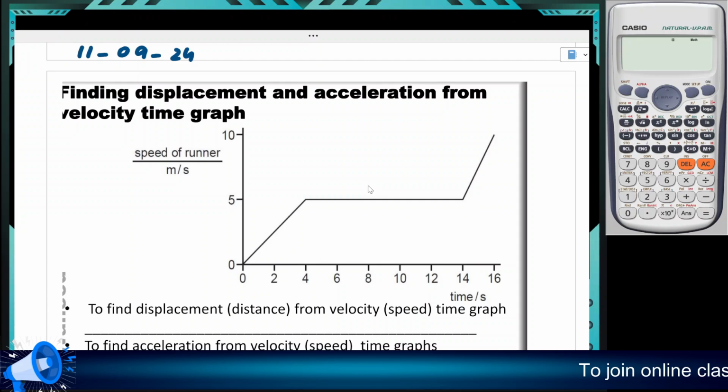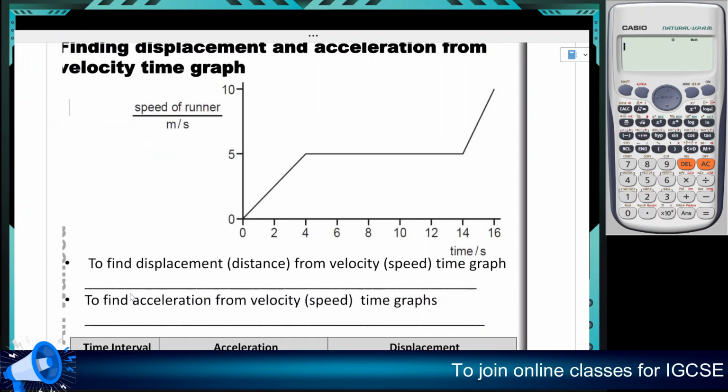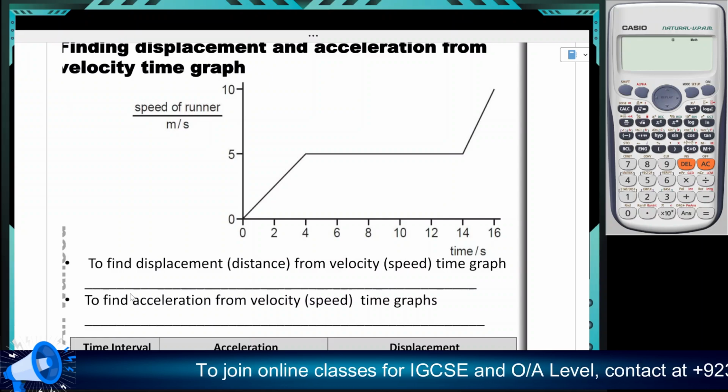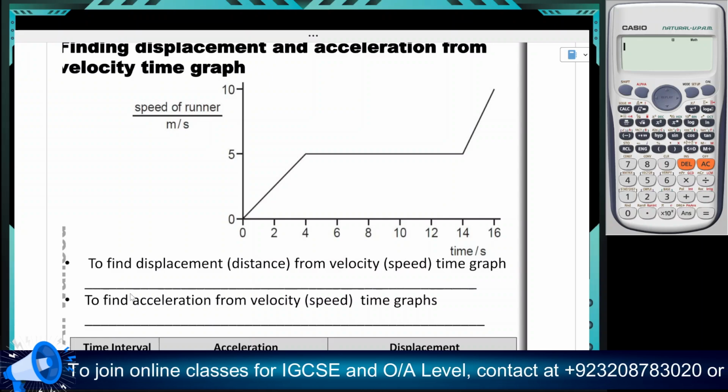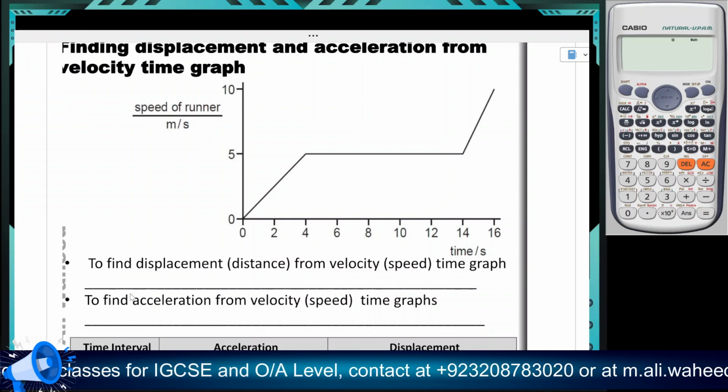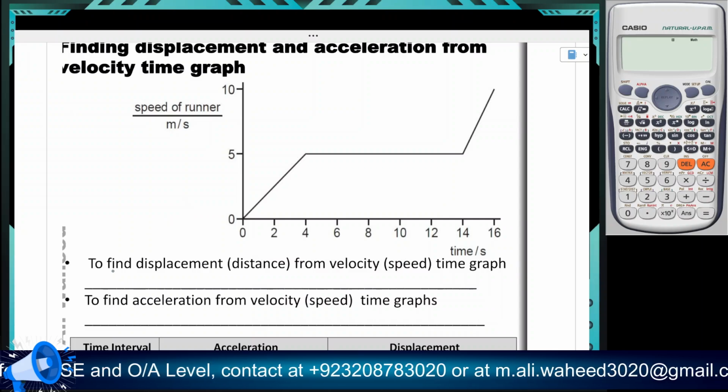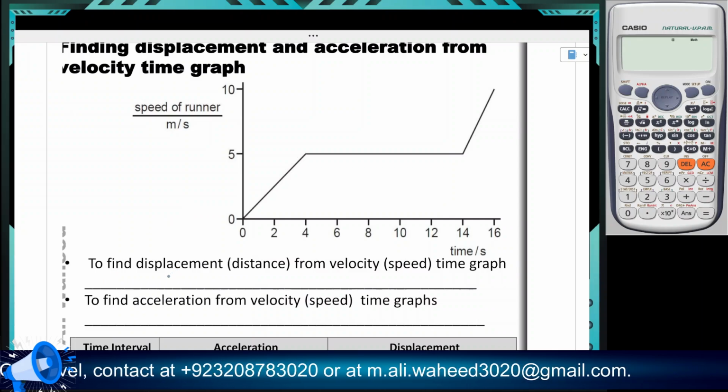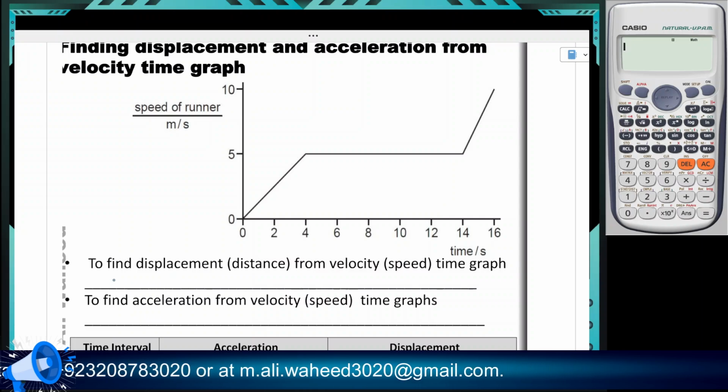So for the first part, how do we find the displacement or distance from a speed or velocity time graph? The answer to that question is, in order to find distance from a speed time graph, we have to find the area under the line, or area of the graph.